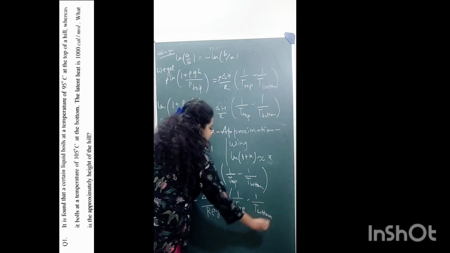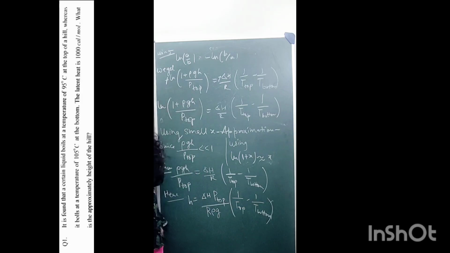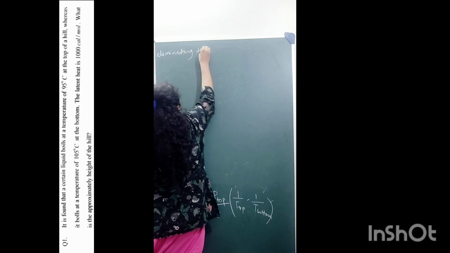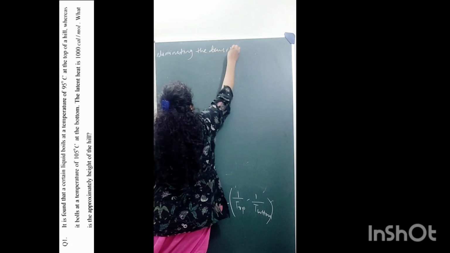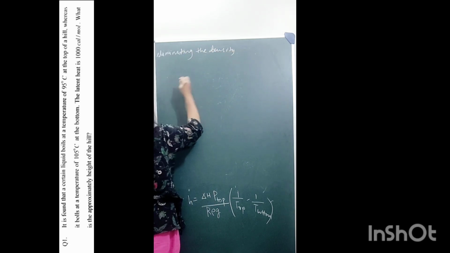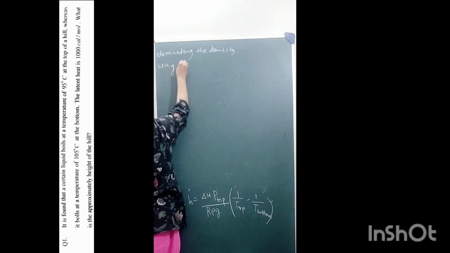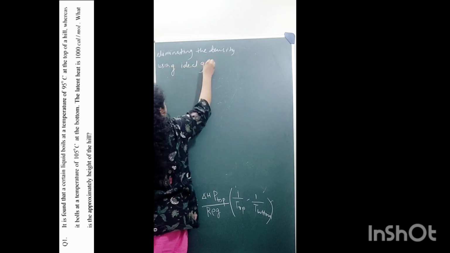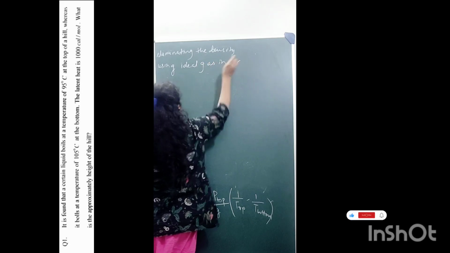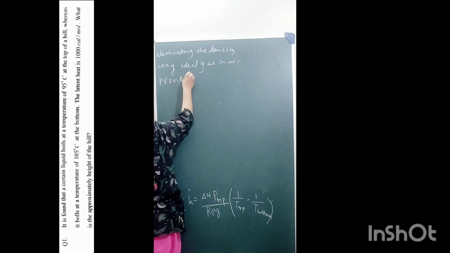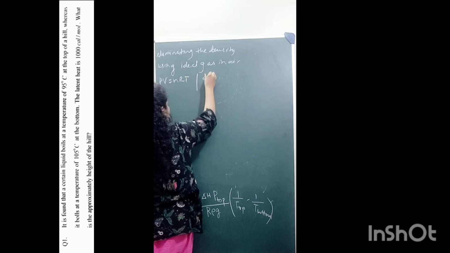And here all the values are given also for the numerical. But I am eliminating the density. Eliminating the density, what I will get? I will use the ideal gas law for air. So PV is equal to nRT, and density of air is what?